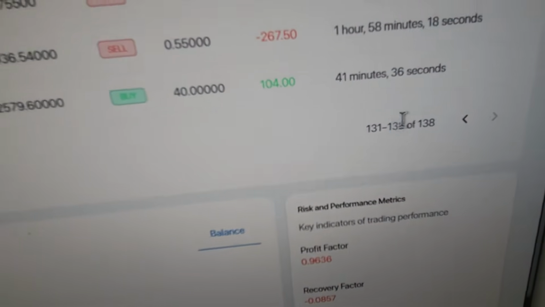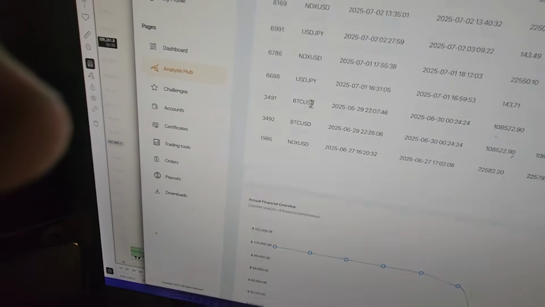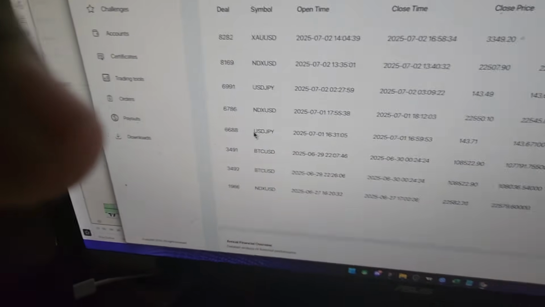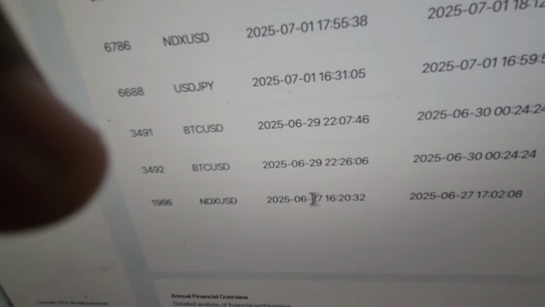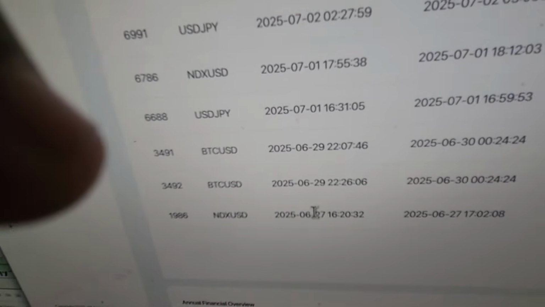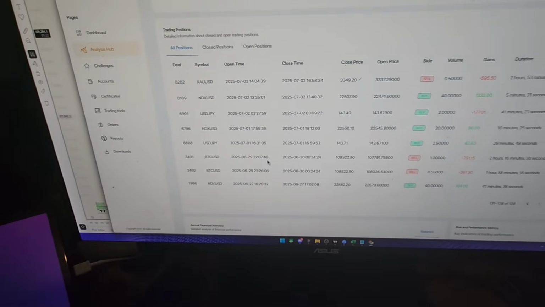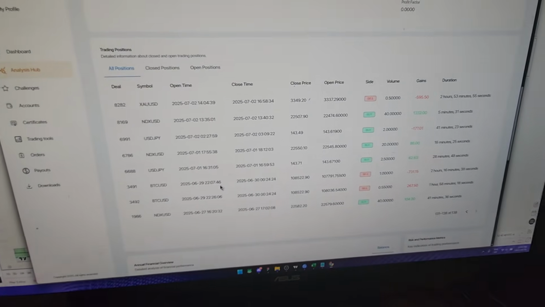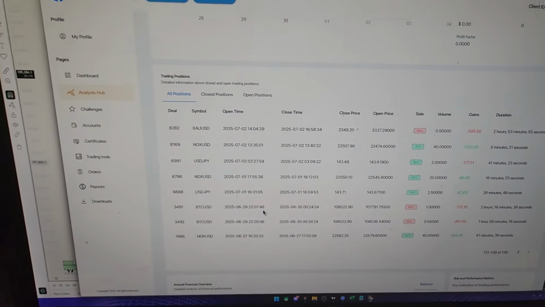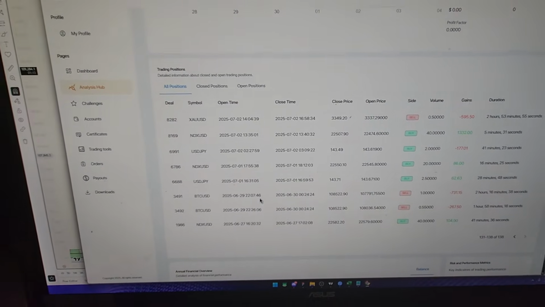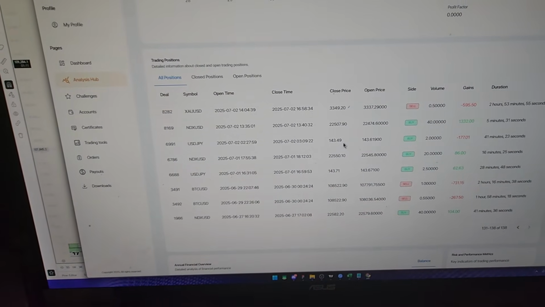You can see the first trade, 0627. So the first trade was placed on the 27th of June. That's the end of June, and I started trading this account mostly in July. So technically I've traded July, August, and now we are in September. That's about 60-ish days of trading on this account.